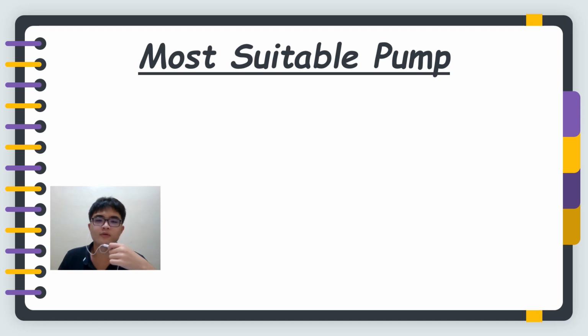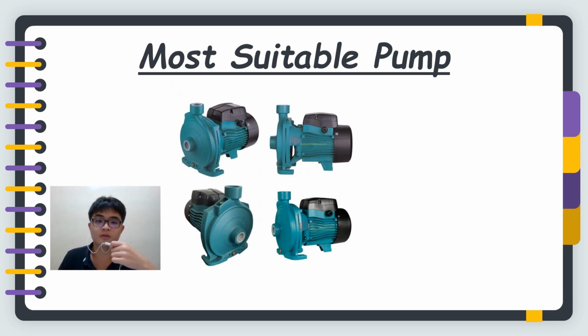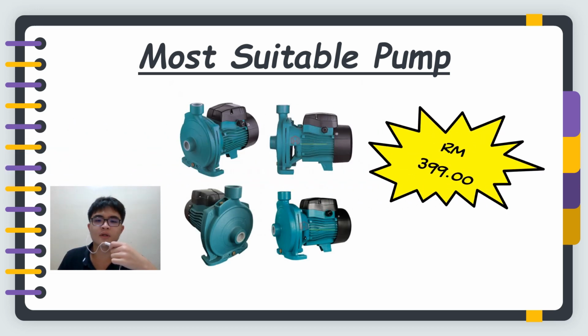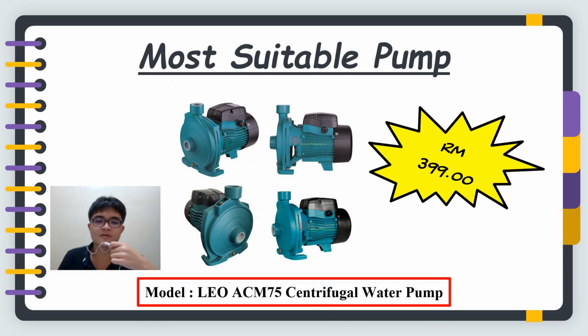Okay, so based on the discussion just now, from the 3 pumps that we compared, our group can conclude that the most suitable pump to be installed in this recirculation aquaculture system will be this model, with the market price of 399 ringgit. The model of this pump is Leo SCM75 centrifugal water pump.